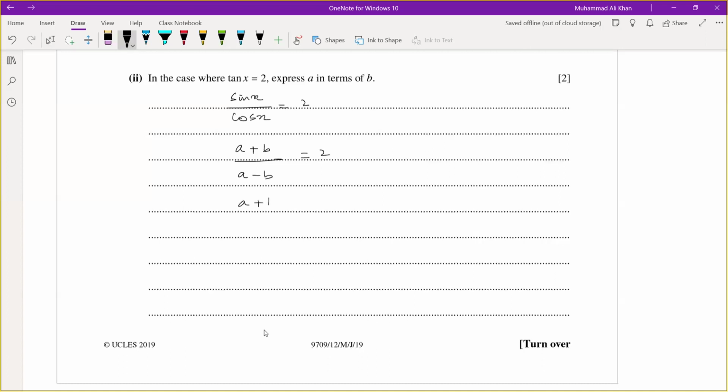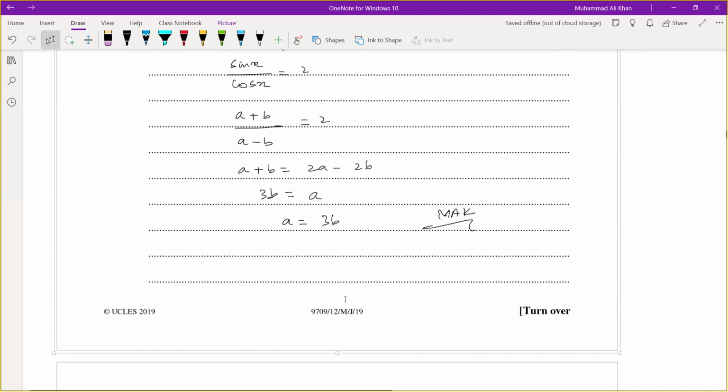So a plus b equals to 2a minus 2b by cross multiplication. So 2a minus a is a, and b plus 2b is 3b. We have to express a in terms of b. So a equals to 3b. A has come in terms of b. This we had to find in question number 4, second part.